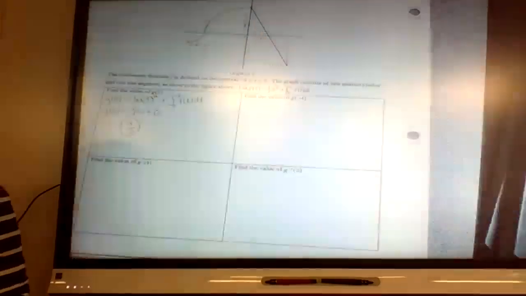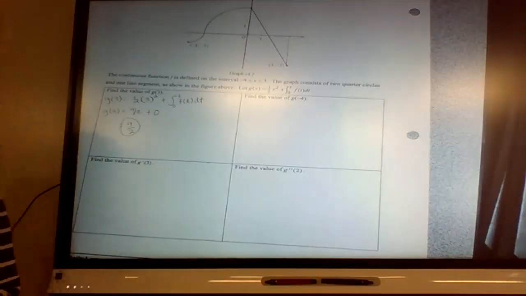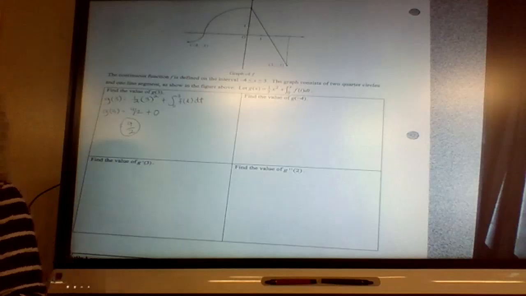I got to do a little bit more math on the next one. Find the value of g of -4. All right, well, let's set it up.